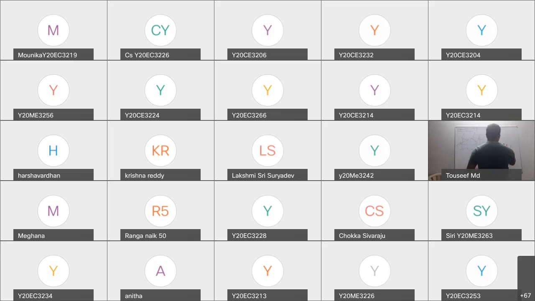Similarly, if you consider a hexagon also, let us see. A dash, B dash, C dash, D dash, E dash, and F dash. If you draw the vertical projectors from here, you can see like this.